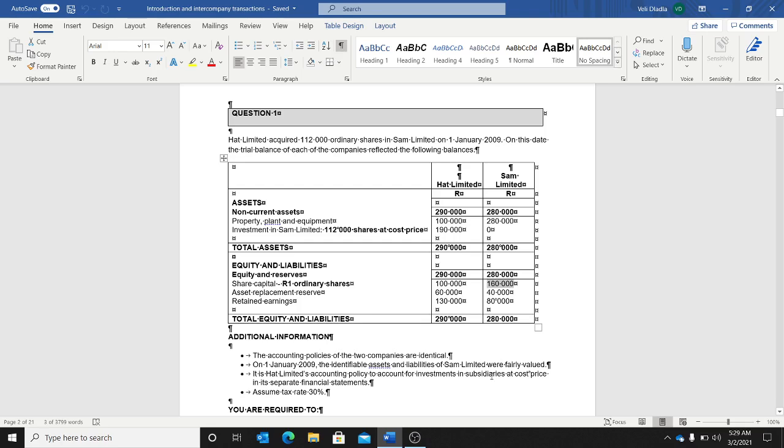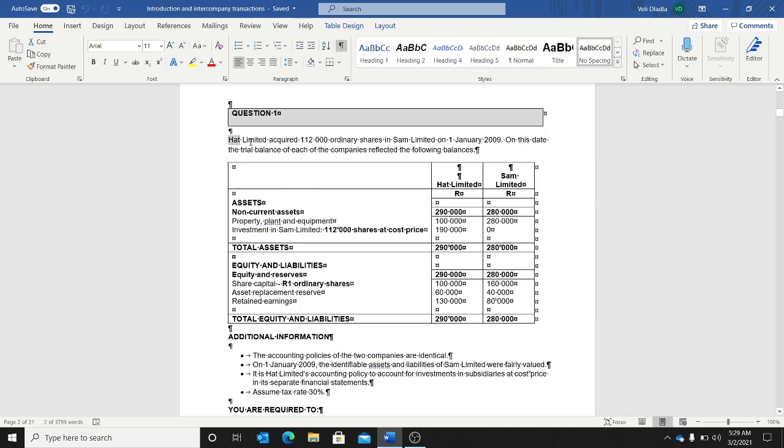So now, for the percentage holding, since one share is 1 rand and they've got 160, you say 112 divided by 160. So it tells you it's 70%.